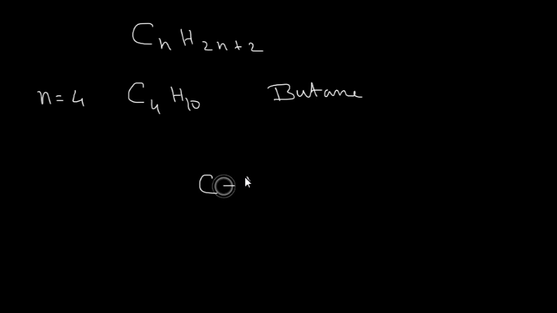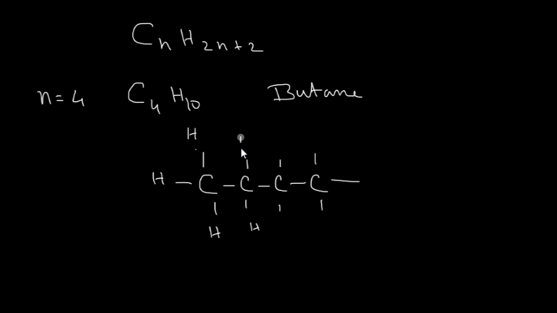The structure is very simple: draw 4 carbons first and fill the vacant places with hydrogen. That's it. This is the structure of butane.